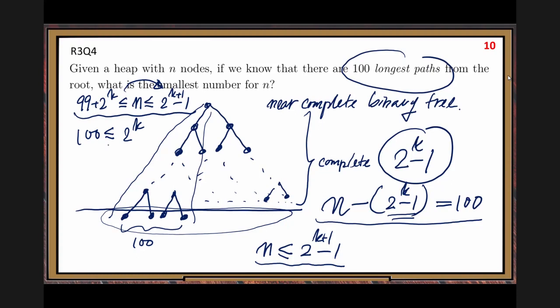So the smallest k, the first k, is 7, right? 2 to the 7th is greater than 100. So let's try k equals 7.